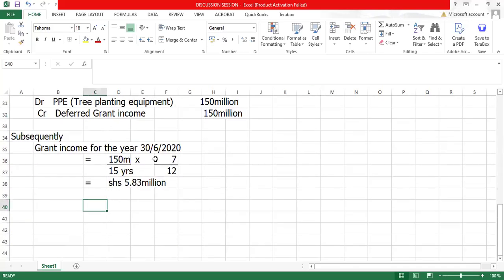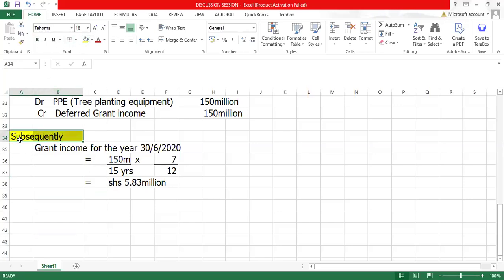That's why I'm allocating 7 out of 12, because you have not used the asset for the whole year in that time frame. So the remaining balance will be like a liability, as we are going to see.